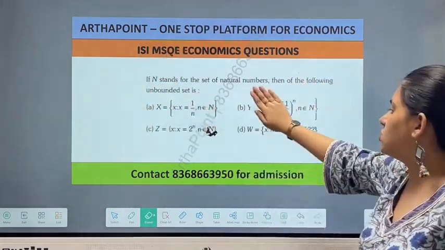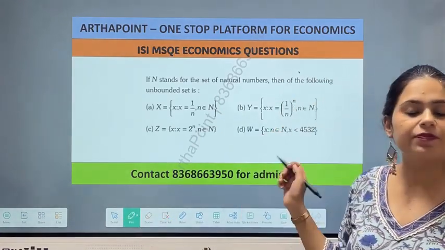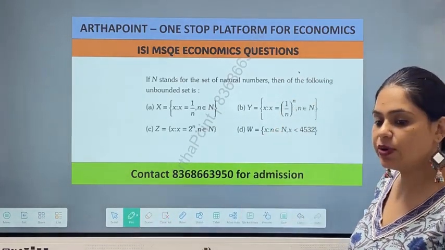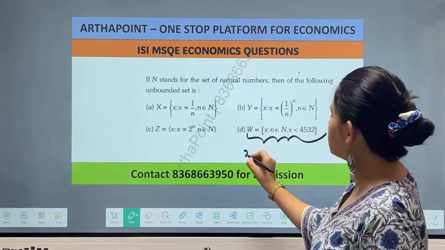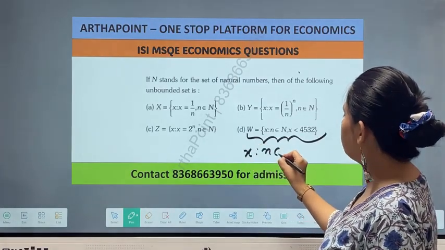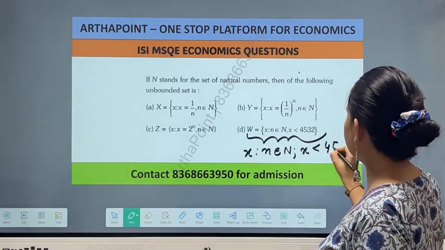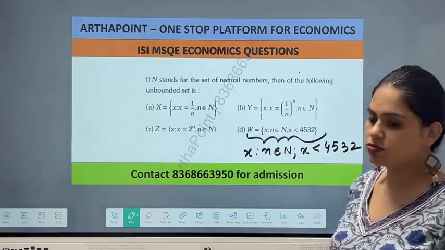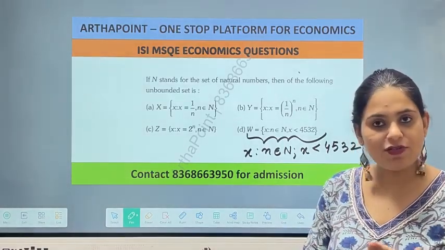Option number D says that x is such that n belongs to natural numbers and x is less than 4532. N belongs to natural numbers. Natural numbers start from 1. So it is starting from 1, meaning 1, 2, 3, and it is ending at 4532.